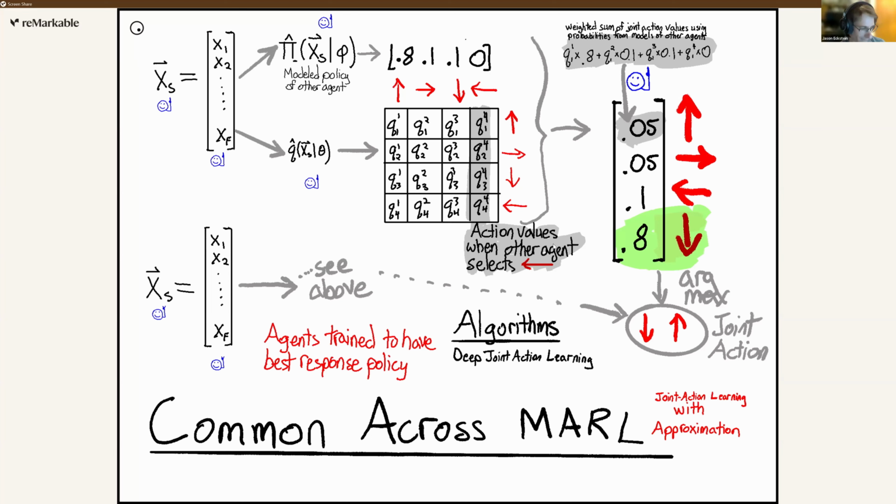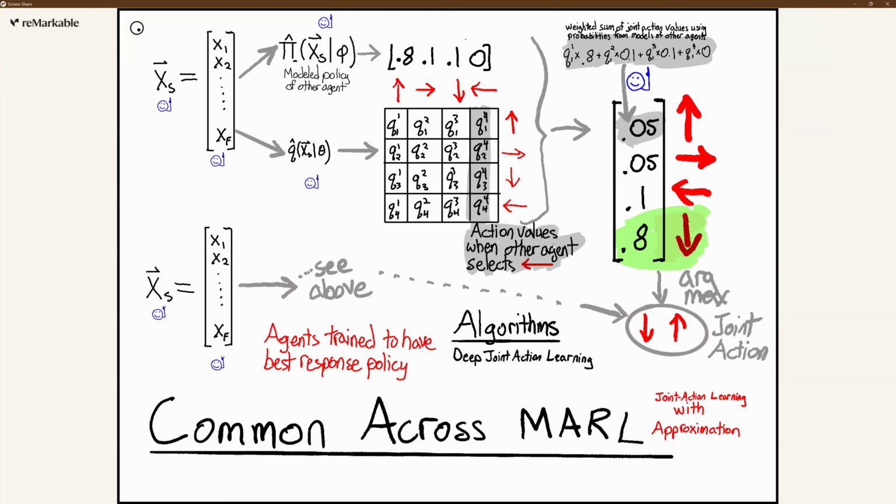Because you can look at this and say, oh, Q2 is higher than all the others, so if the other agent does this, then action 2 would be the best. But you don't know what the other agent is going to do. If you have a belief about what the other agent's going to do, then given that it's likely to do this, but there's also some chance of it doing this as well, you can build a composite action value.